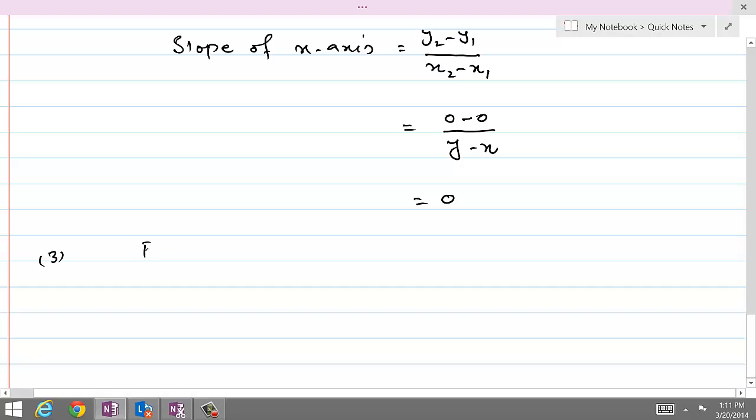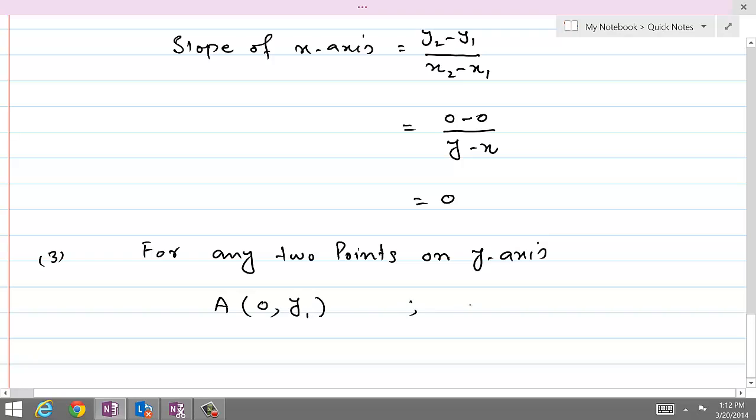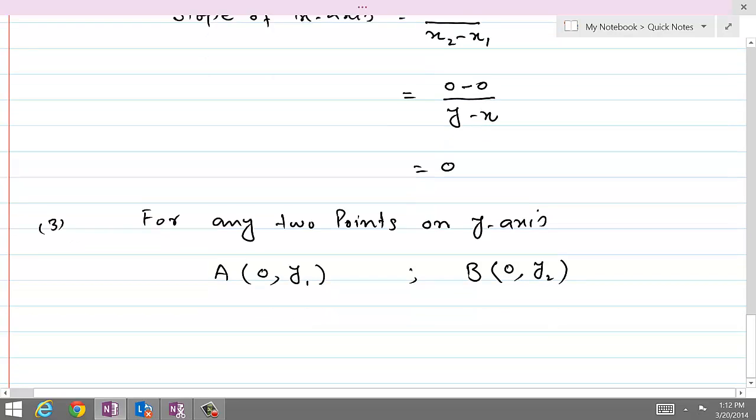For any 2 points on the y-axis, A, the abscissa is 0, and let's call the ordinate y1, and call another point B. Obviously its abscissa is again going to be 0, and the ordinate, let's call it y2.